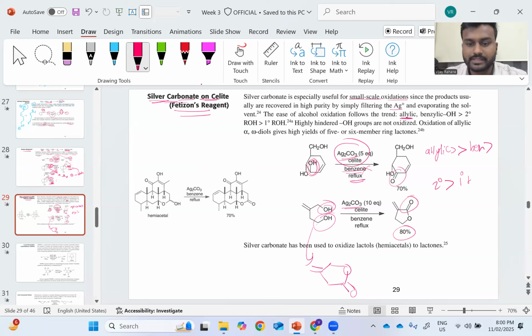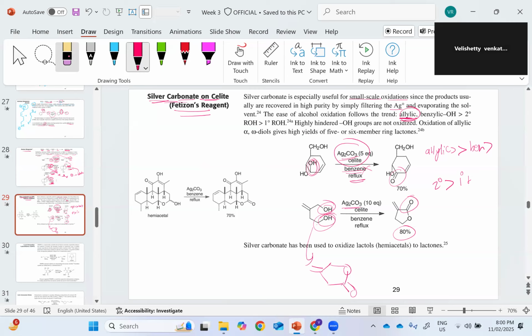So there are two possibilities if we use another reagent, but in this case the selectivity matters. Because this reagent is highly selective, and the allylic group is highly reactive than the normal saturated alcohol.